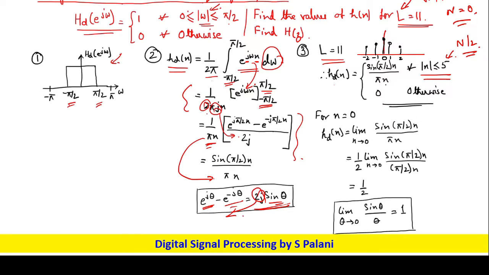Now when n is equal to 0, what happens? If you look over here, if you put n equals to 0 over here, then this becomes 0 by 0, which is indeterminate. So accordingly we have to apply the L'Hospital's rule, wherein it says that limit n tending to 0 of sin of pi by 2 n divided by pi n, we have to convert it into this format, limit theta tending to 0 of sin theta by theta, which would be equal to 1. Okay, so we have to convert this into this format.